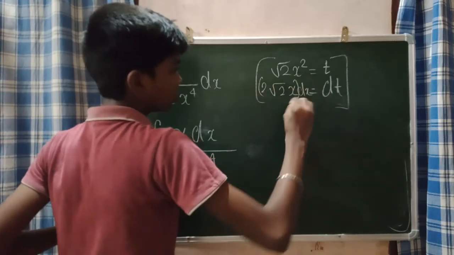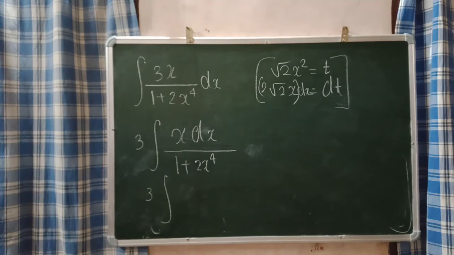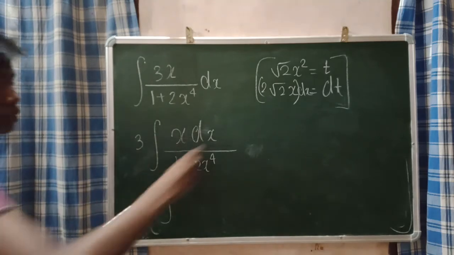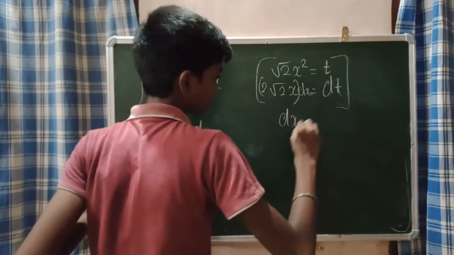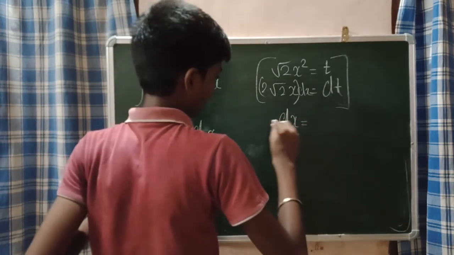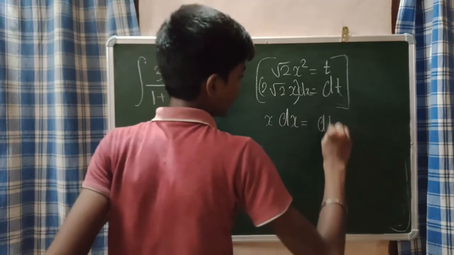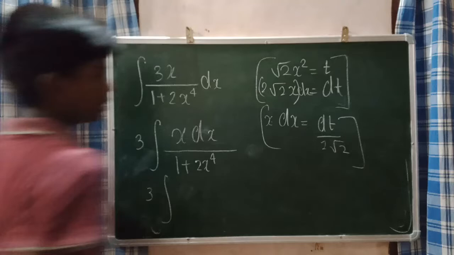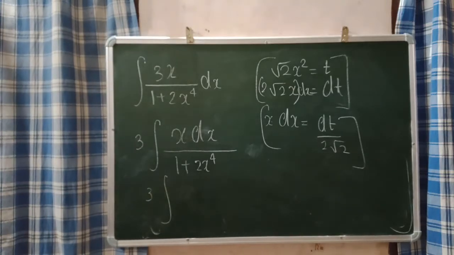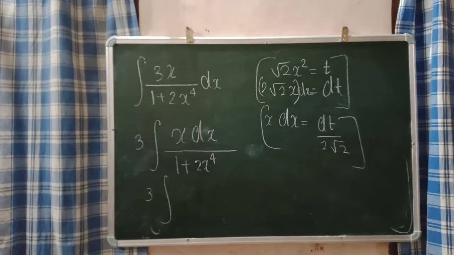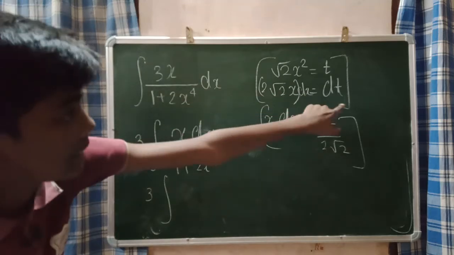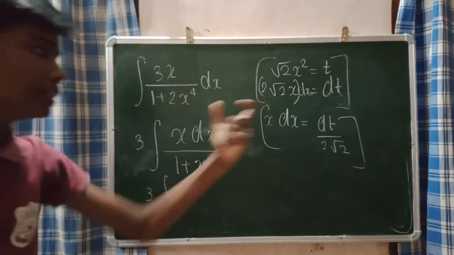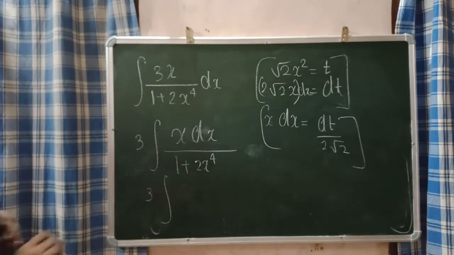Yes, 2 root 2x dx is dt, then your x dx will be dt by 2 root 2. Correct now? Simple way of solving the equation. Because 2 root 2x dx is dt, x dx will be, this 2 root 2 will go to the RHS, and it will become divided by 2 root 2. So that's what I am going to write now.